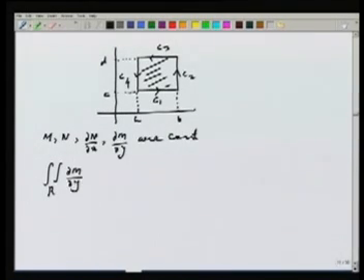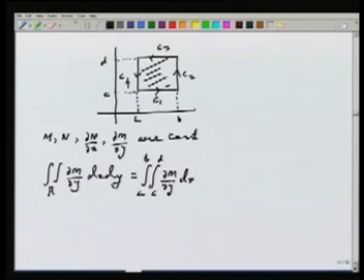It is analogous for the other one. I write down this double integral as the variation of x from a to b, variation of y from c to d, of ∂M/∂y dx dy. So first I do the y integration.